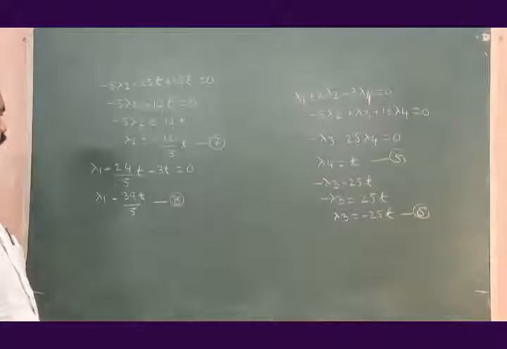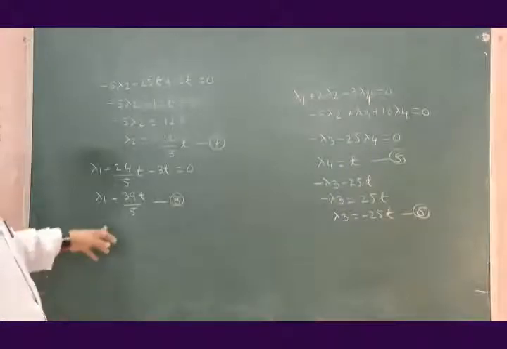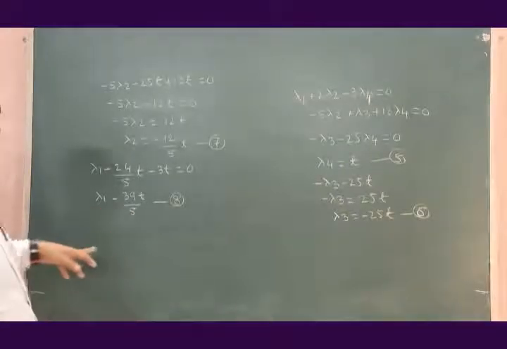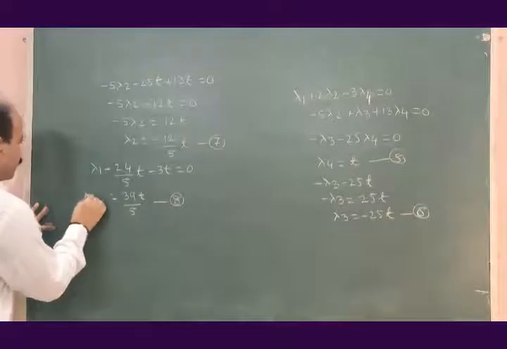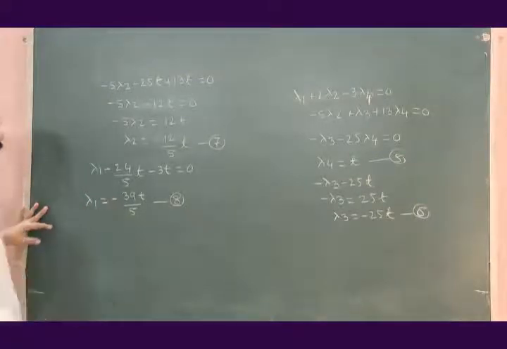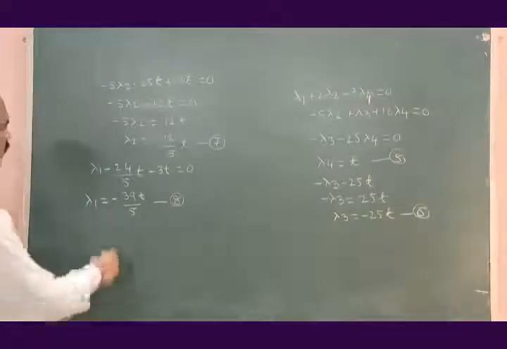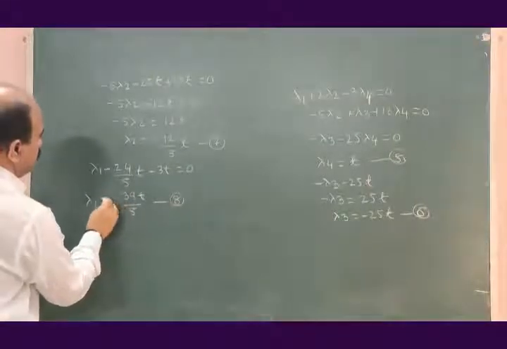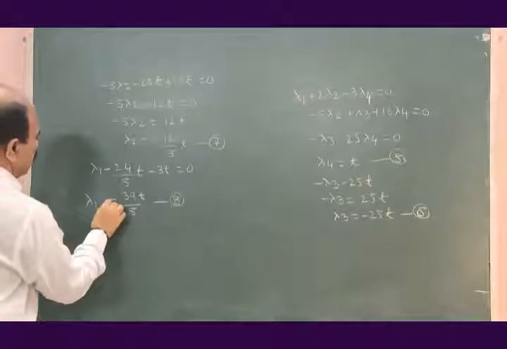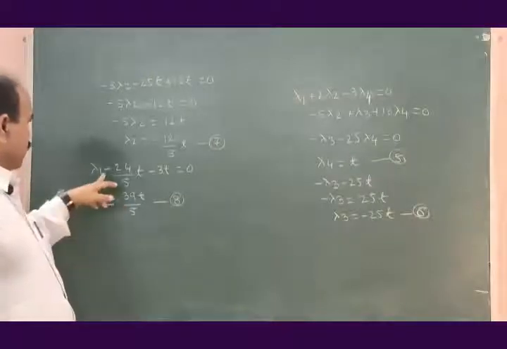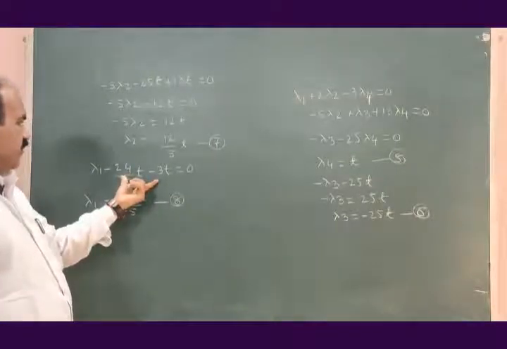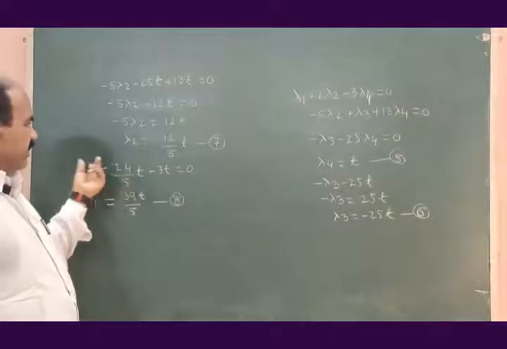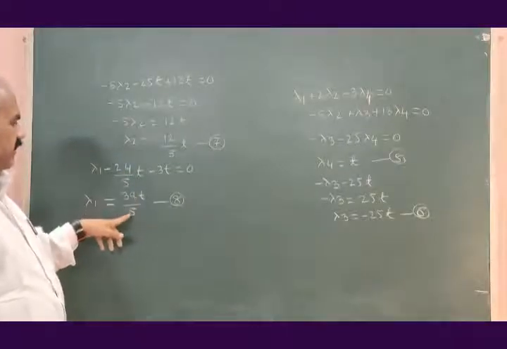So lambda 1 is, it will become plus when it is sent to this side. Addition of these two is performed, that is minus 39t divided by 5.